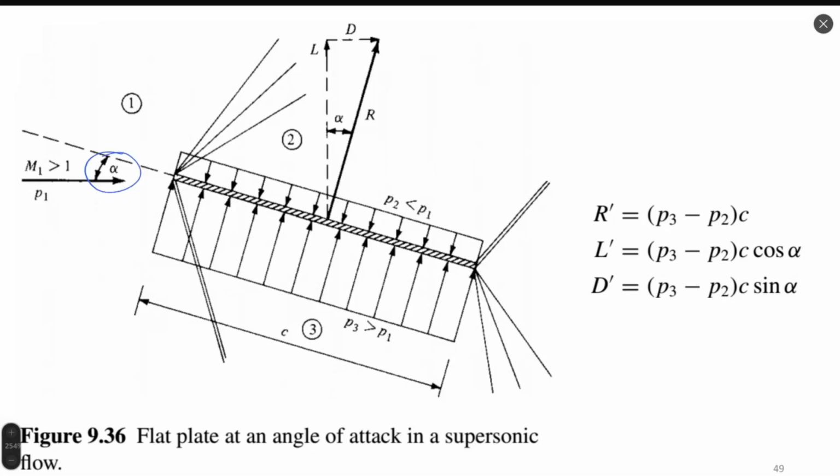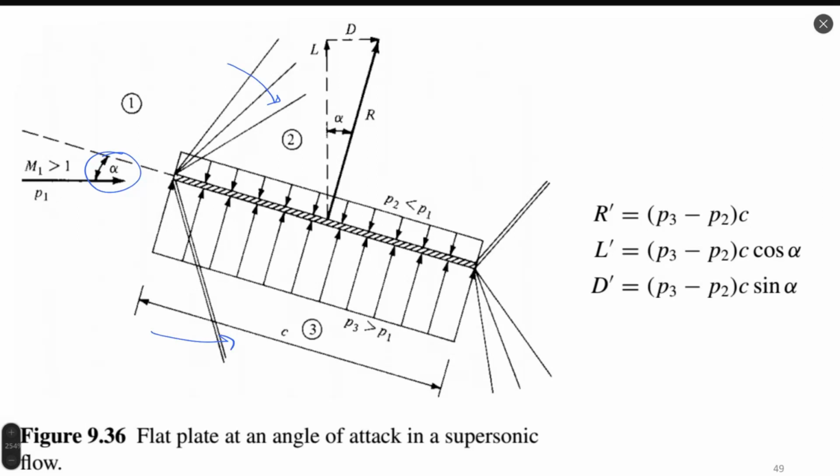We can see in this flow picture two flow processes happening in parallel. On the upper part of this airfoil, we have an expansion fan. Flow expands. And on the lower side of this airfoil, we have an oblique shockwave.